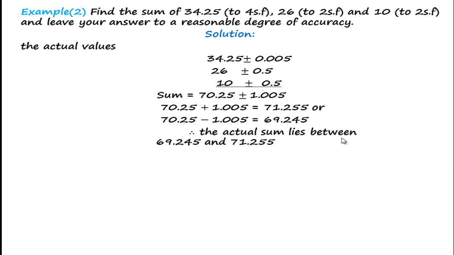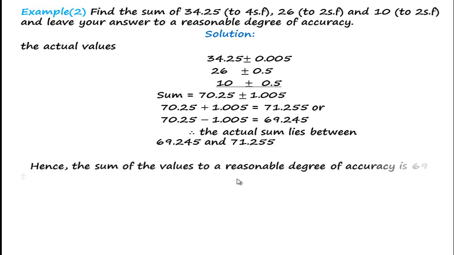And then the actual sum will now lie between 69.245 and 71.255. Hence, the sum of the values to a reasonable degree of accuracy is 69. I've told you to two significant figures.